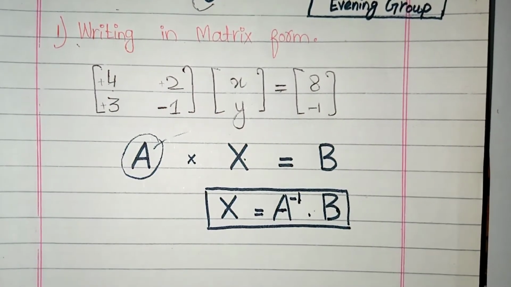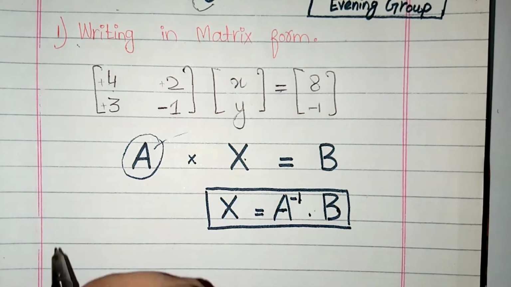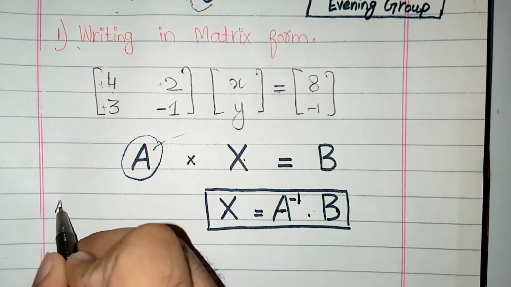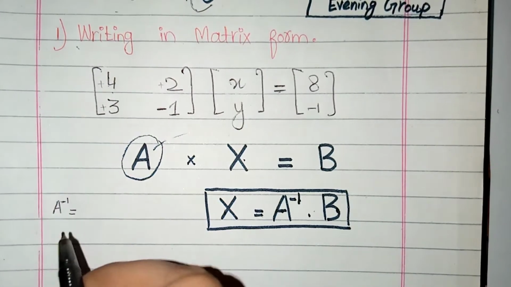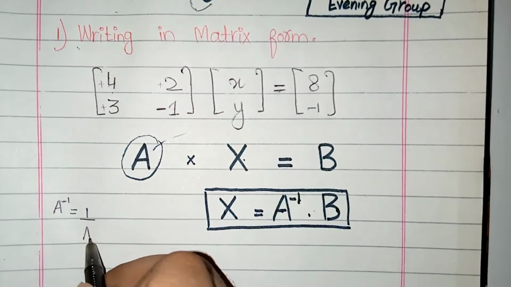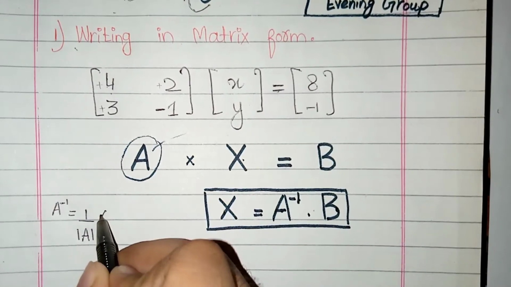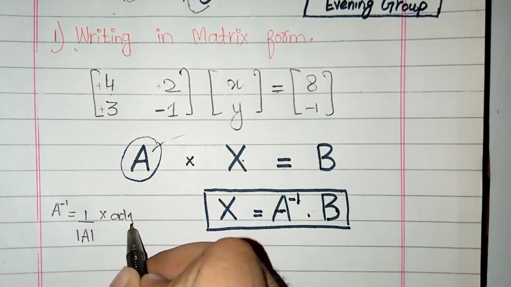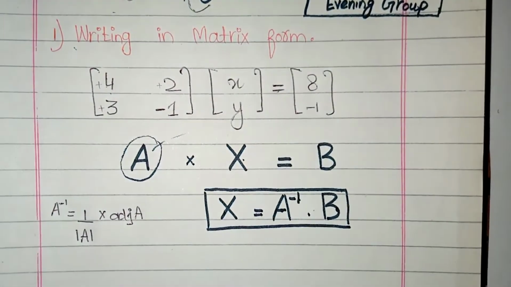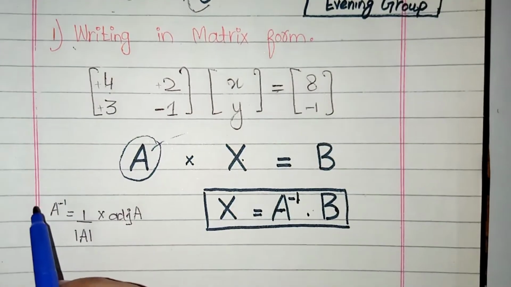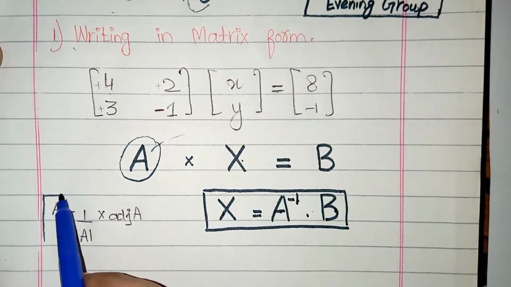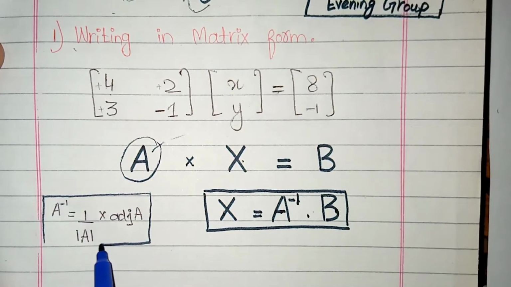Now I just remind you what the formula for A inverse is. You can write it in the paper, as you all know that A inverse is equal to 1 over the determinant of A times the adjoint of A. You can write it in the paper and make a box like this.